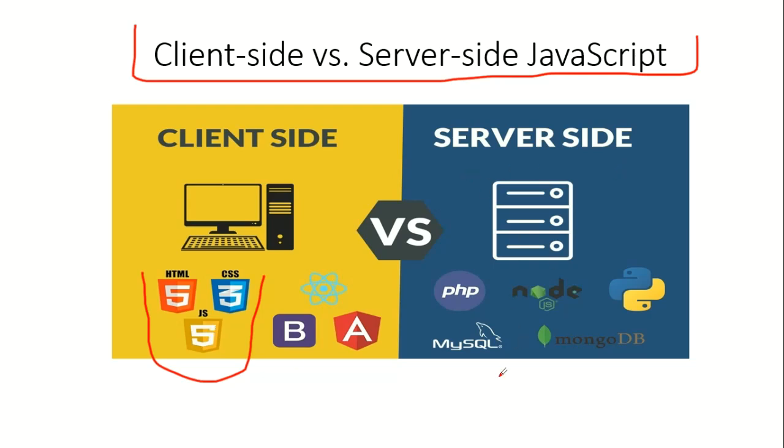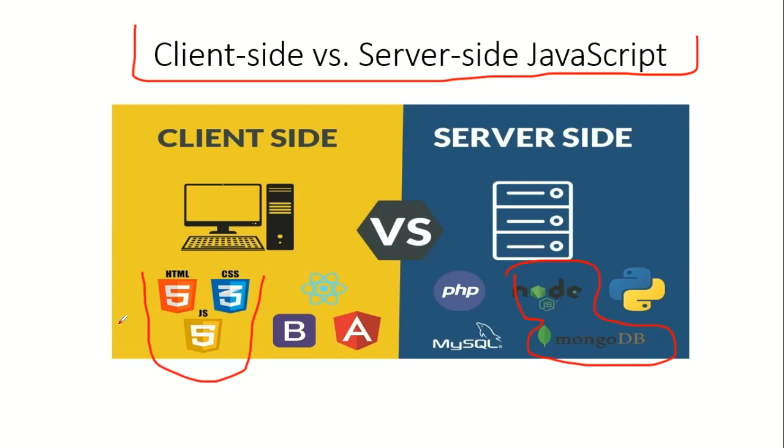And server side, what do we have? Obviously, we connect with Node.js and MongoDB. If we are talking about the MERN stack, you will have HTML, CSS, and JavaScript as the front end, the client side, and on the back end side, Node.js and MongoDB. We can even connect with Express.js also on the server side.